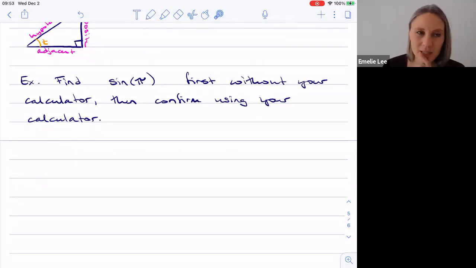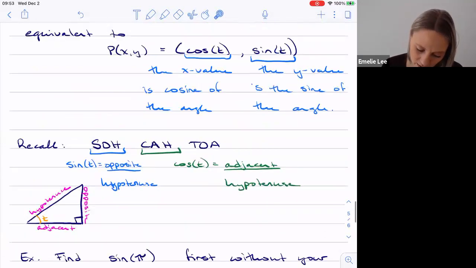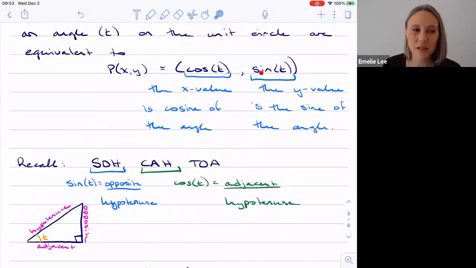So here my angle is pi, right? And the sine is actually referring to the y value. So here, the sine of t, the angle, is the y value of the terminal point. So if I know the terminal point, then I know the sine value, right?